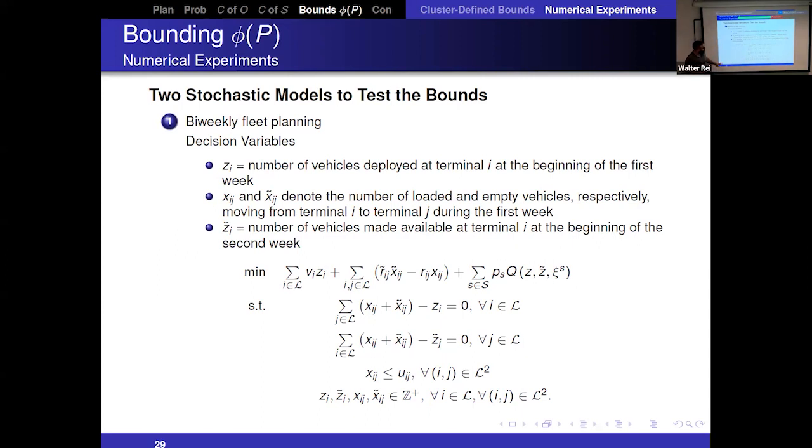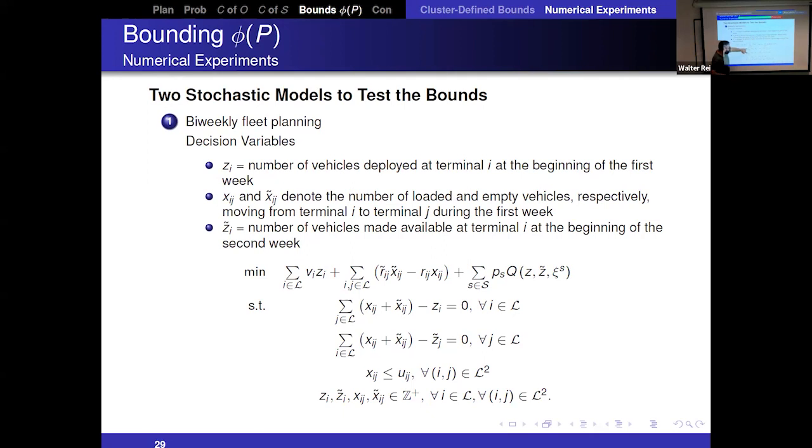Okay. I mean, the constraints are fairly simple. So whenever you send a loaded vehicle, that generates a revenue, right? So here in the list, you have a revenue for each loaded vehicle that is sent, and then the rest are costs. Okay? So the cost of deploying vehicles at the terminals, the cost of sending empty vehicles between the locations.